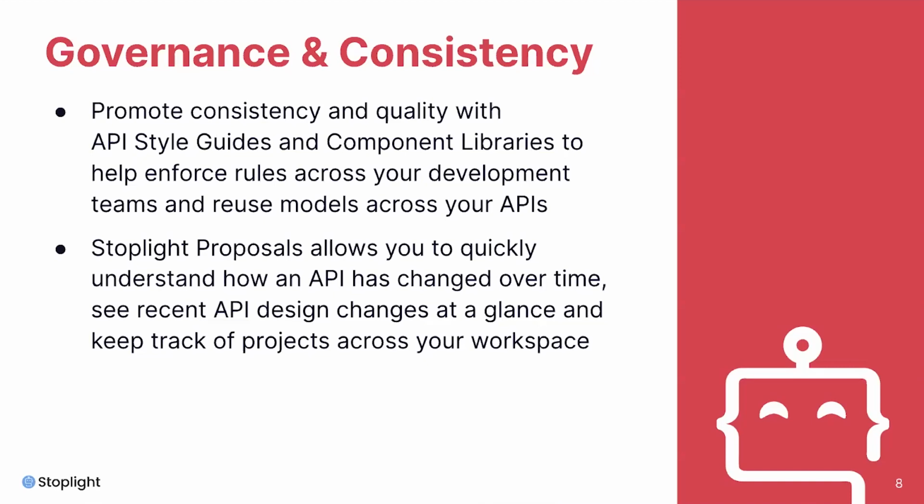You can utilize Stoplight's public style guides to leverage sets of curated API design rules around security and design themes. With component libraries, you can create projects that contain data models that you can reuse across API projects in your workspace. And using the proposals feature, you can see recent API design changes at a glance and keep track of changes across your Git connected projects.